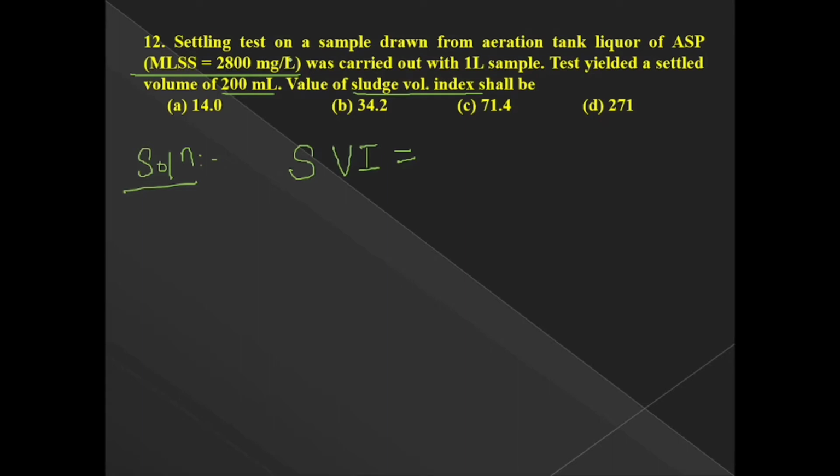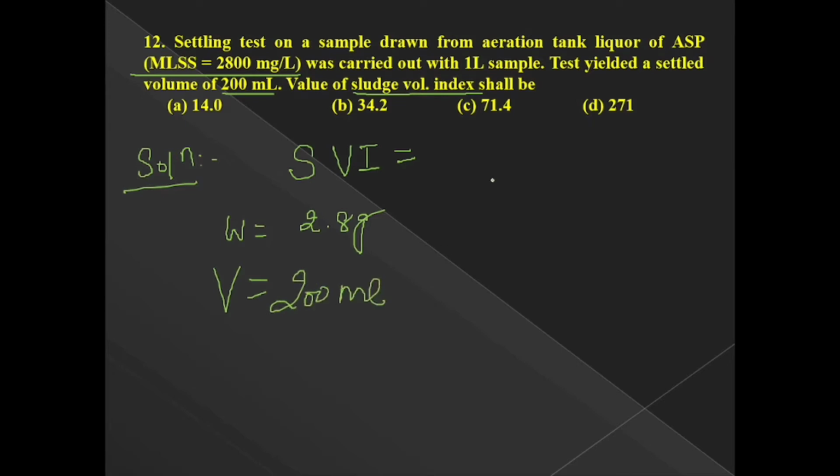So in 1 liter the weight of the solids is 2800 milligrams, that is 2.8 gram, where 1 gram is equal to 10 to power 3 milligrams. The settled volume is given as 200 milliliter.